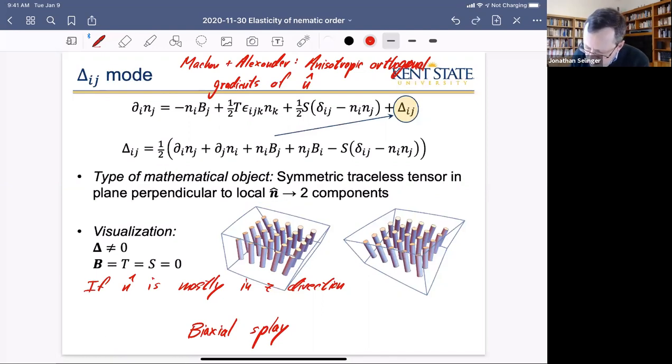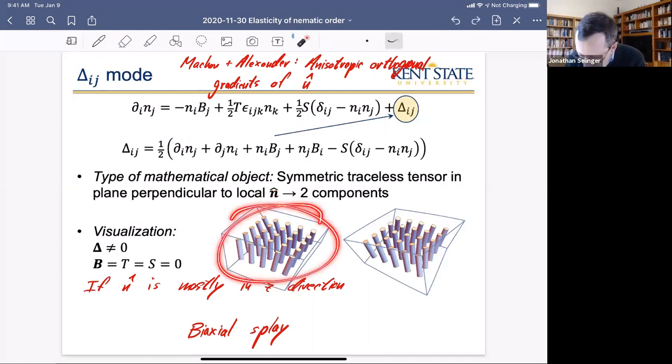Okay, so in this picture, we have a director which is tipping outwards as a function of x, right? Right in the middle, it's in the z direction. As a function of x, it's tipping outwards. But as a function of y, it's tipping inwards.